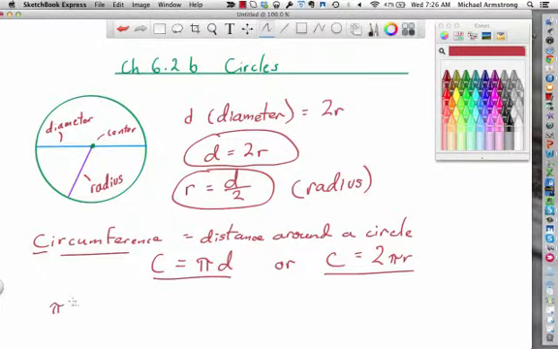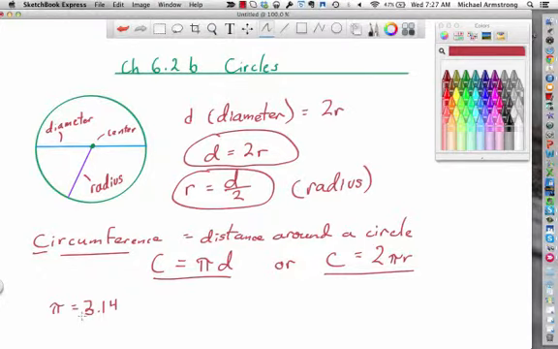Pi is equal to, in this case we're just going to call it 3.14. It actually is 3.1415, etc., etc. 159, I think, and then it keeps going forever. But this is called an approximation of pi.